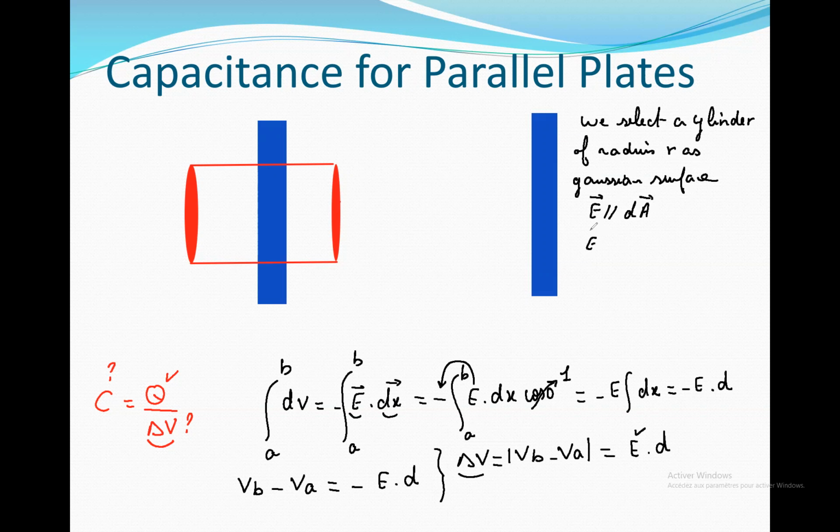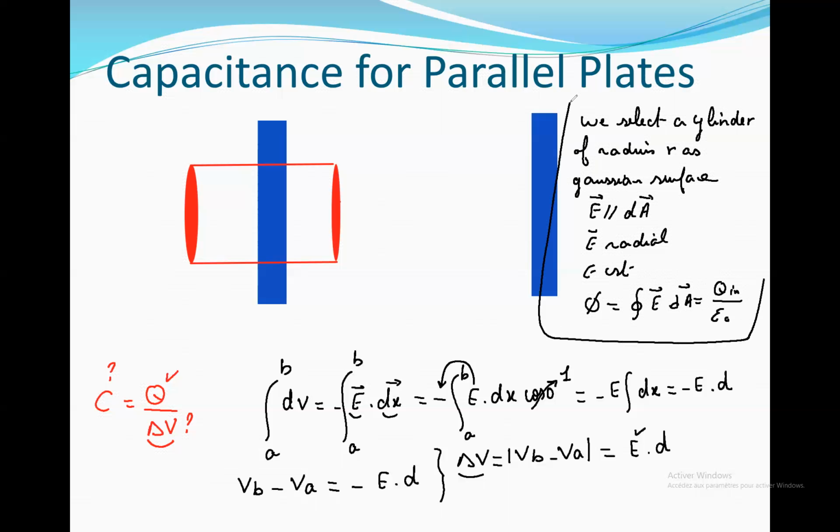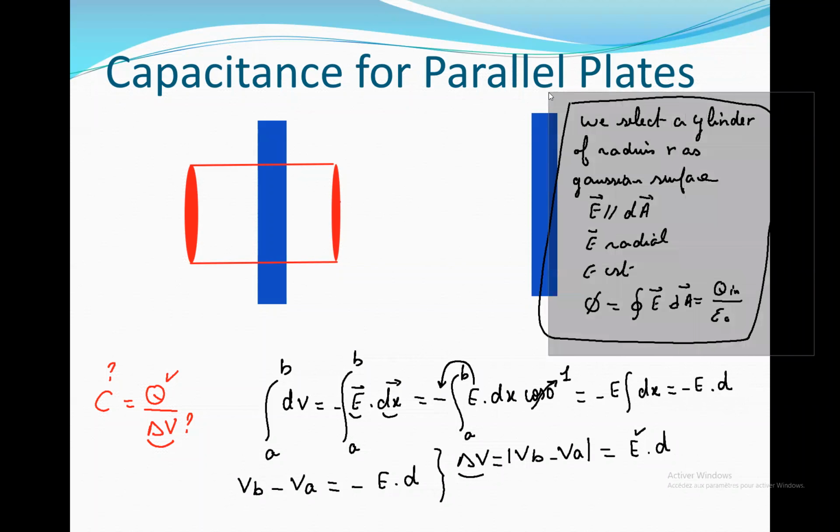Second, E must be radial, and E must be constant. Phi equals the integral of E dot dA equals Qn divided by epsilon. These are the conditions to use Gauss's law. When you write this, we come to solve the problem.